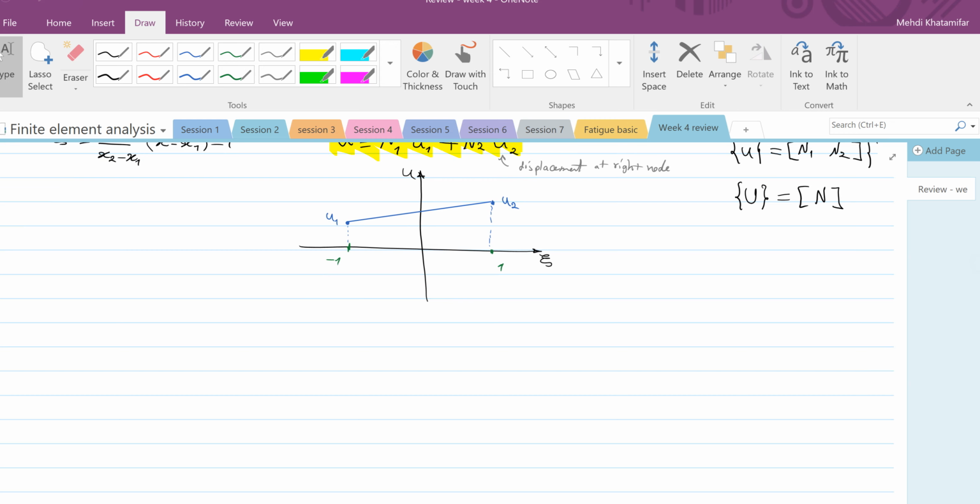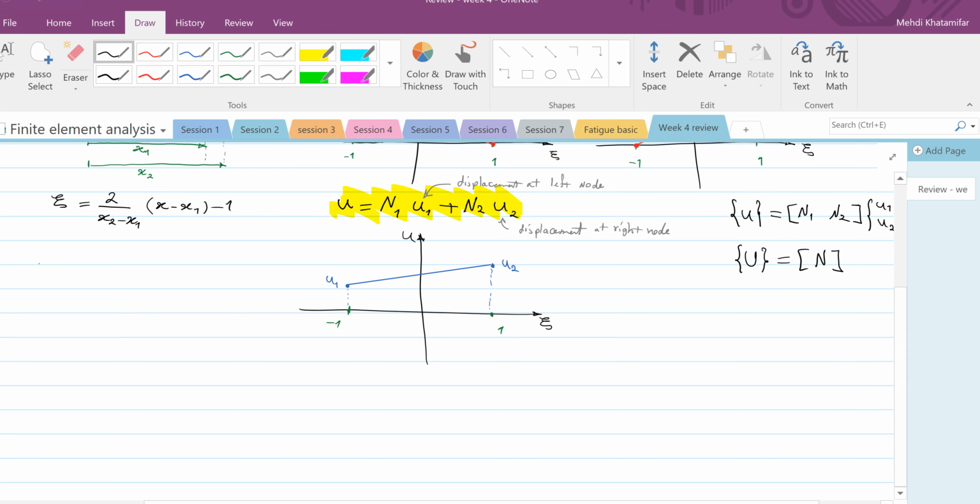So I can rewrite another formula, x equals N1 times x1 plus N2 times x2. x1 and x2 are global positions of left and right side nodes. So you can find any x inside that element.